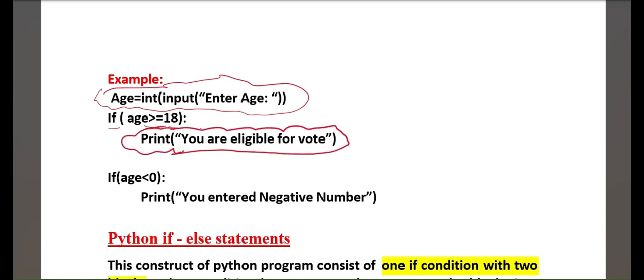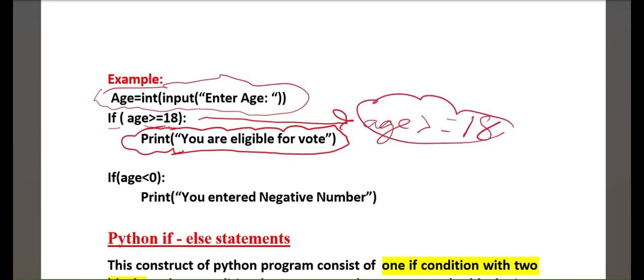The if statement says that if age is greater than or equal to 18, then that person is eligible to vote. But if you take the input as 11, what will happen? It automatically stops.